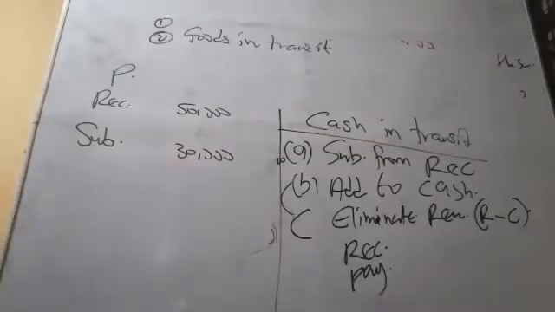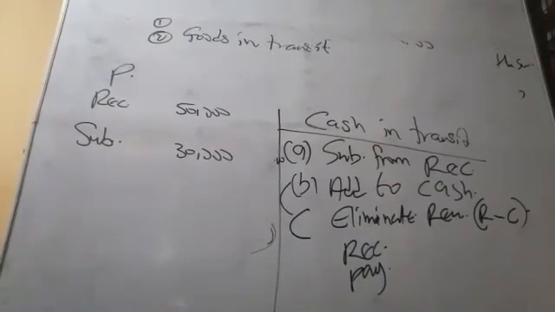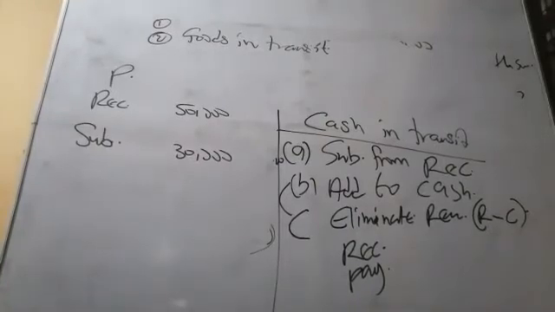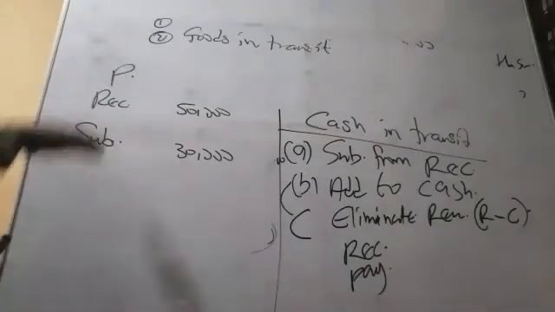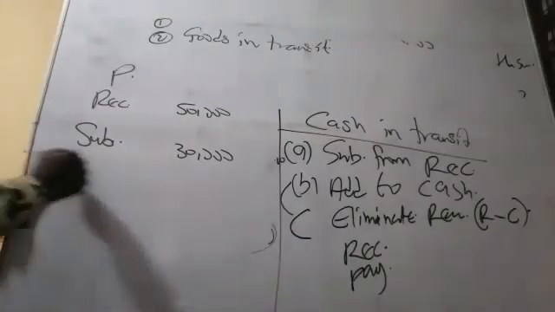I don't owe you 50,000. And the parent says, oh, sorry, I have dispatched some goods to you, just that the goods have not arrived. So I have included it that you have received, so you are owing me.